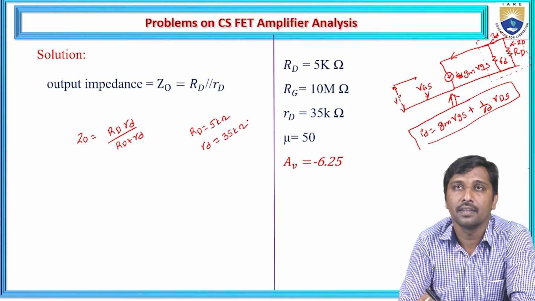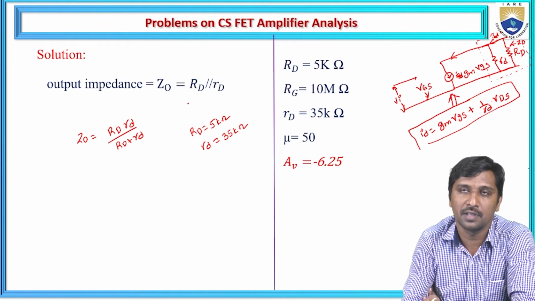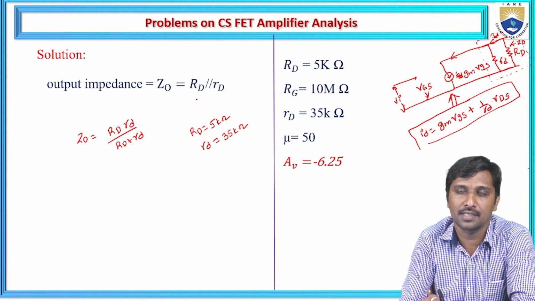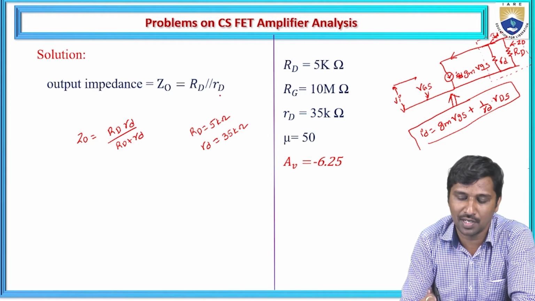When two unequal resistances are in a parallel combination, that parallel resistance is approximately equal to the smaller resistance.